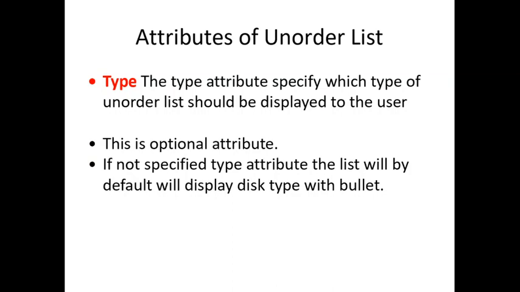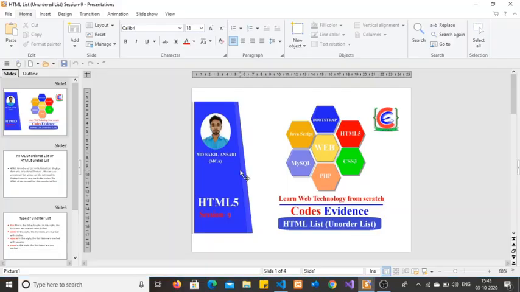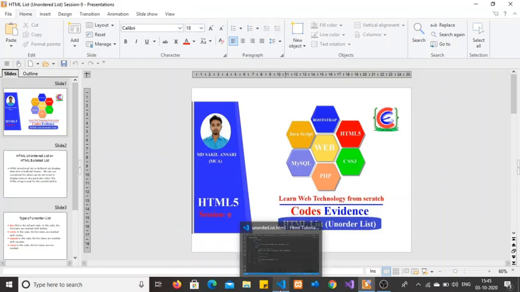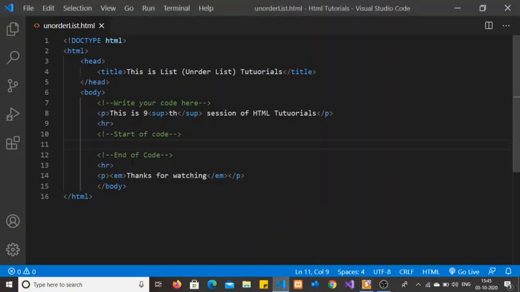This is an optional attribute. If the type attribute is not specified, the list will by default display the disc type with a bullet. That's it about the presentation. Let's move to the coding section so that we can see it in action.